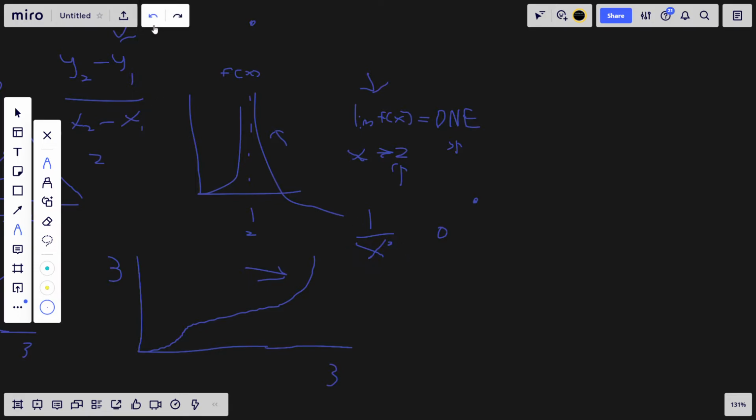Oh, I'll redo this real quick. So this works, 1 over (x minus 2) squared. But at that point it doesn't actually exist. It's just that as you get closer to it, it's going to skyrocket.